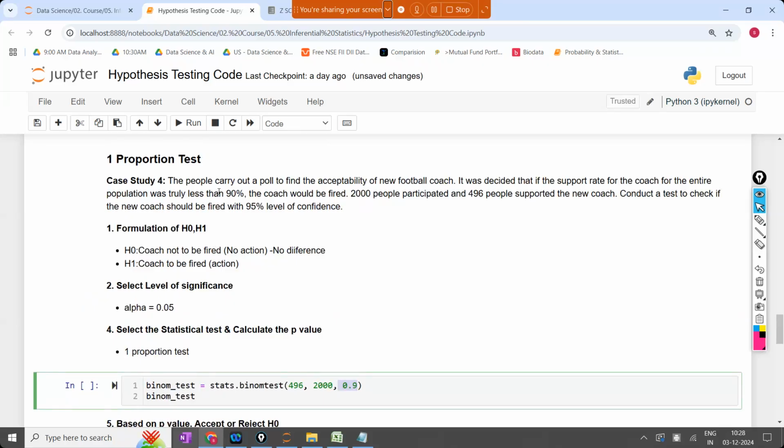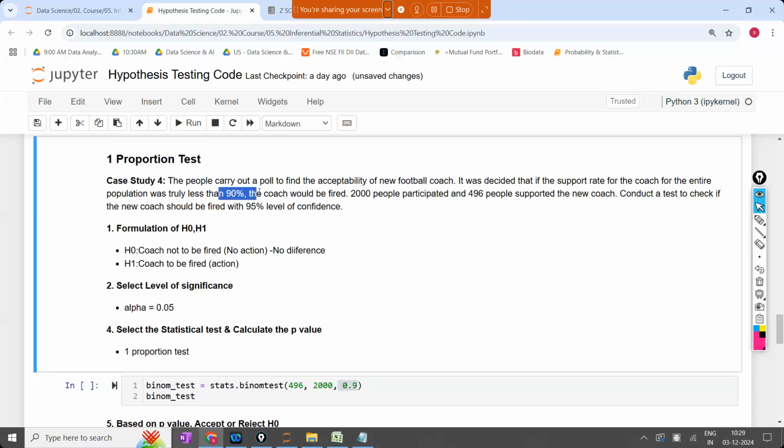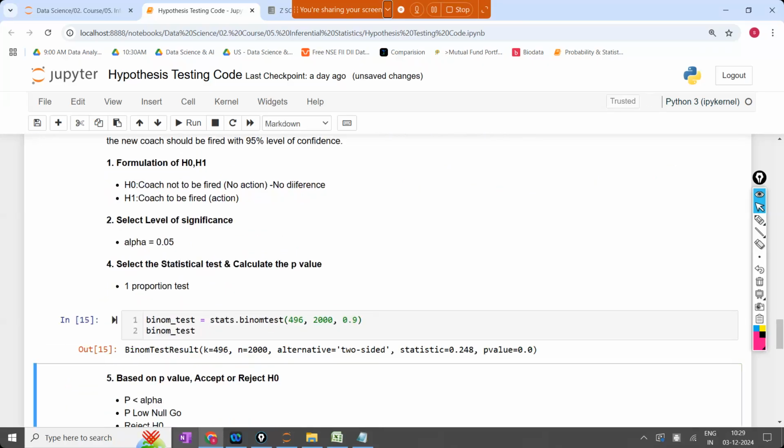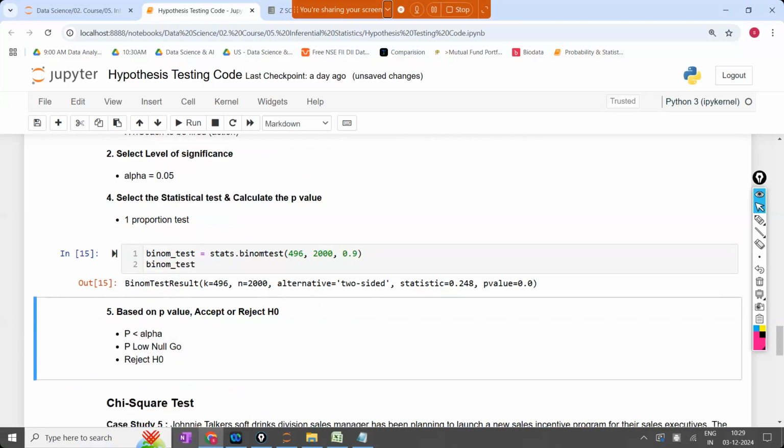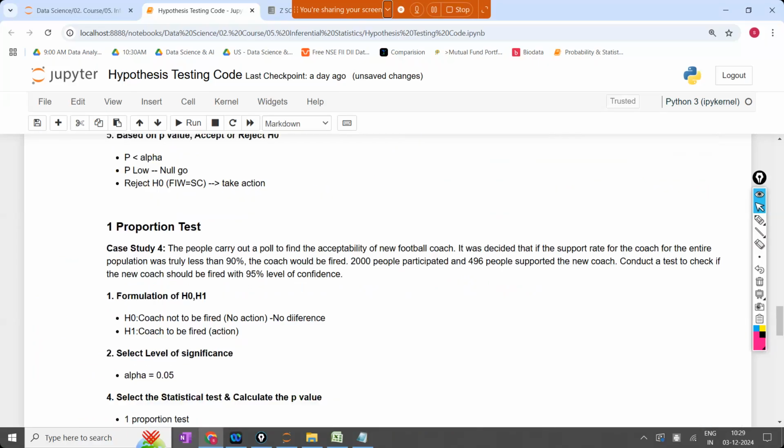Because they have given that 90% of people have to accept. That number I am writing here, and I am going to get the p value. What is the p value? The p value is 0. Since p value is less than alpha, reject the null hypothesis. 0.9 is given in the question.